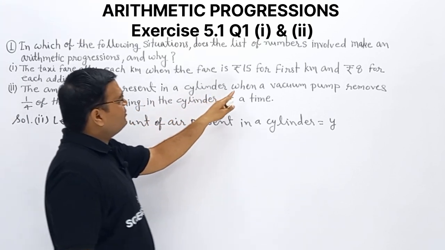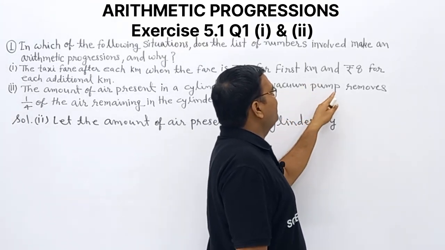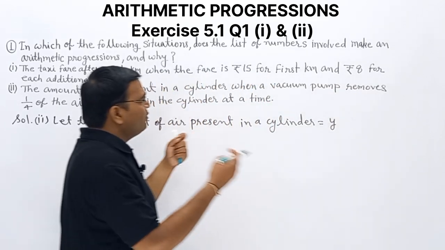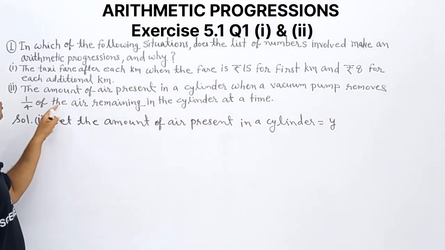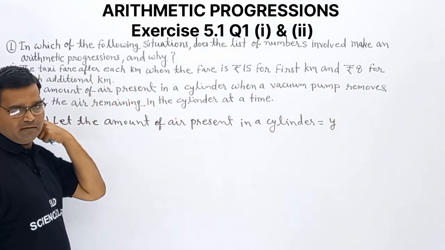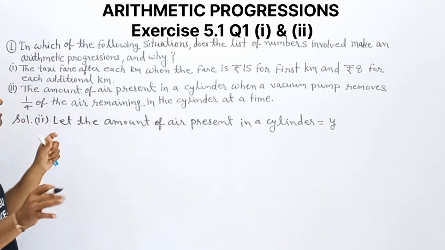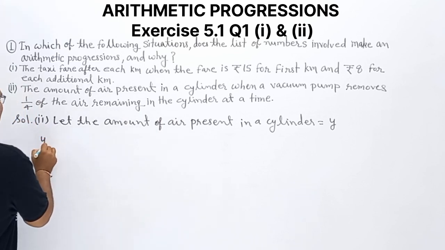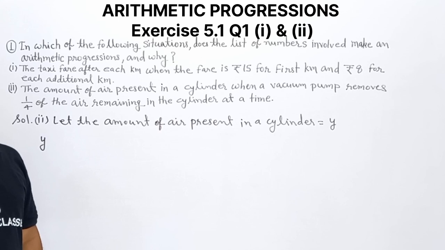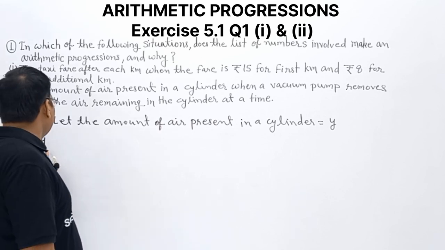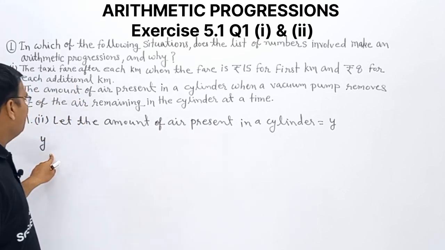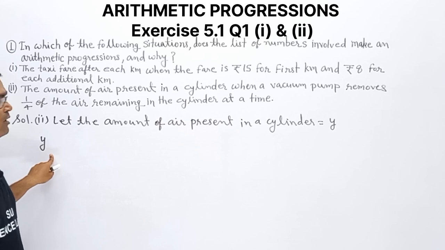After this, what is the given? When a vacuum pump removes 1/4 of the air remaining in the cylinder. First time in a cylinder, observe carefully, we are having air.